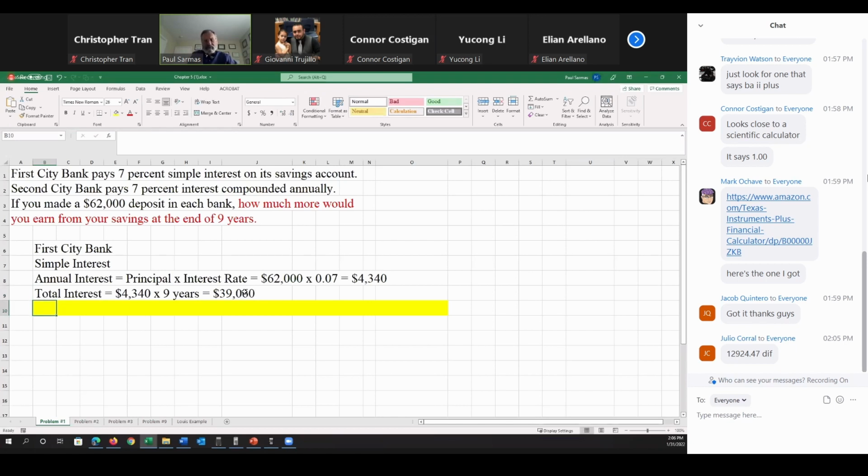So future value, we use abbreviation FV, is equal to principal plus interest, which is 62,000 plus 34,060. You add these up. $101,060.